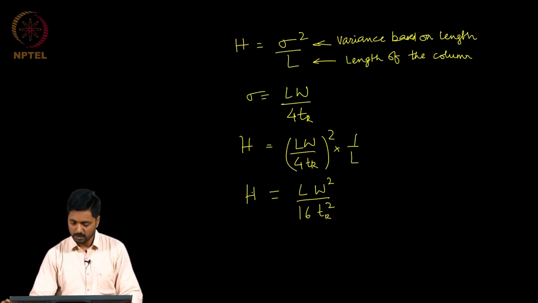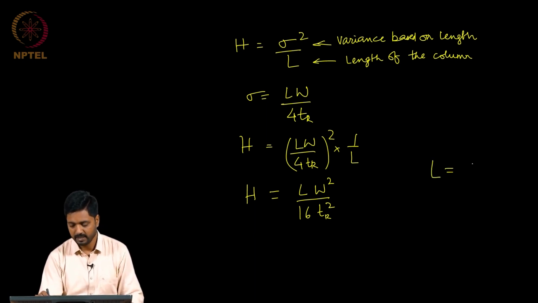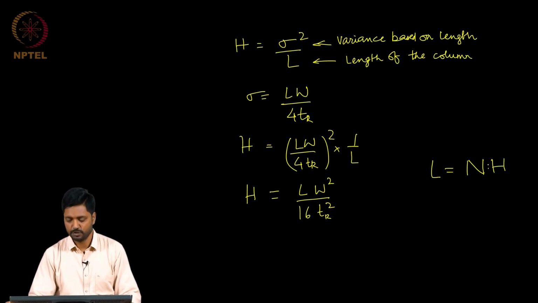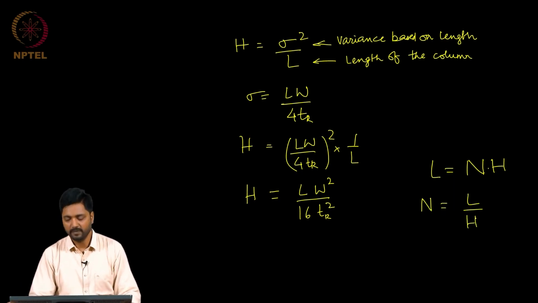Now, we also know that the length of the column is described in terms of the total count of the plates, or the plate count, into the height of each plate. So, when we have to figure out the value of n, we simply do L by h. So, the length of the column divided by the height equivalent of the theoretical plate will give us the total plate count.